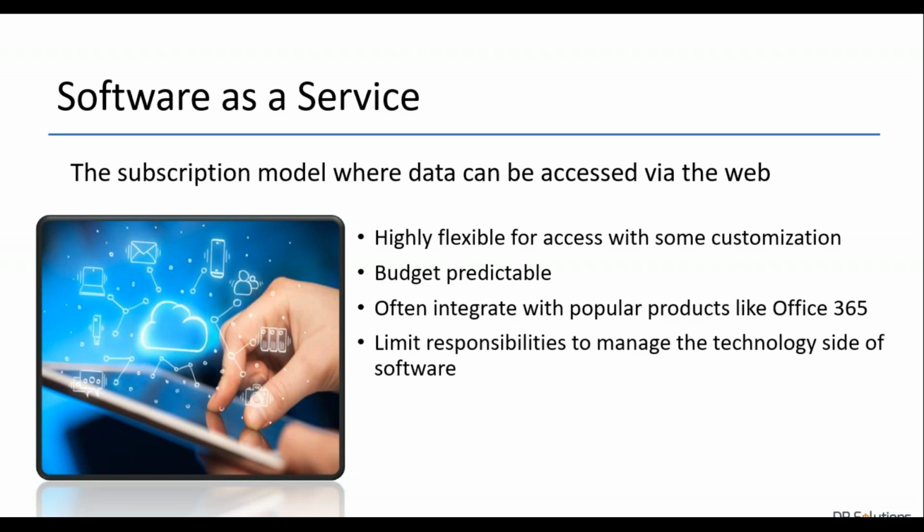It can limit responsibilities to manage the technology side of software. So consider the fact that when you're using Office 365 or Gmail or anything, you never have to think about what is on the server end. You never have to think about replacing hard drives or having enough RAM. That's the big company's problem, and generally they're pretty good at managing scale.